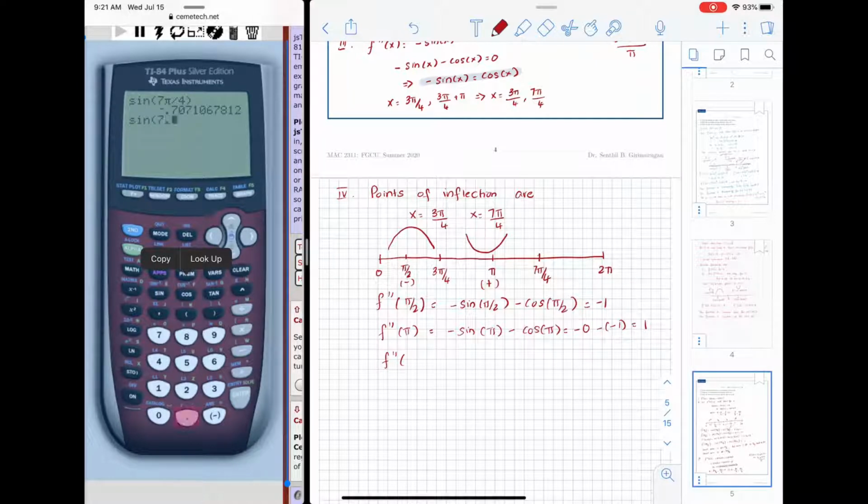So 7.5 pi divided by 4, I get a negative number. So negative number, so it is concave down. Oops, sorry.